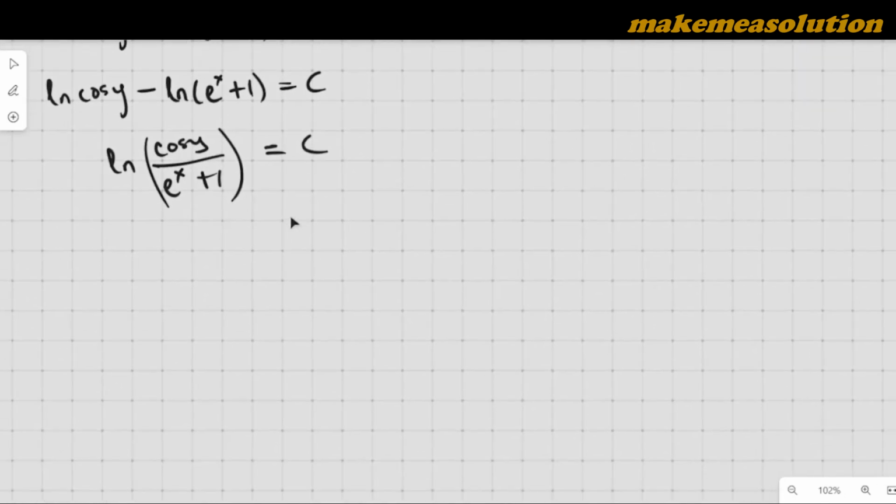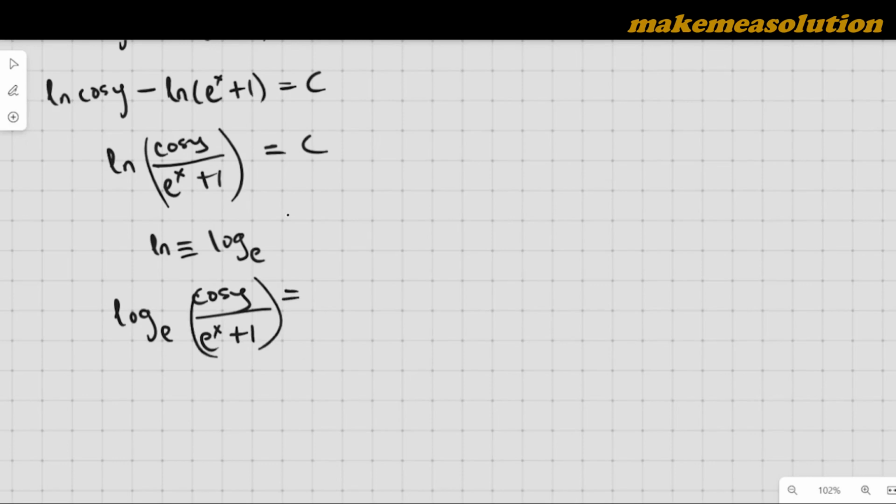Then what do you do next from here? Remember ln is still the same thing as log to base e. So we have log to base e of cos y over exponential x plus 1 is equal to c.